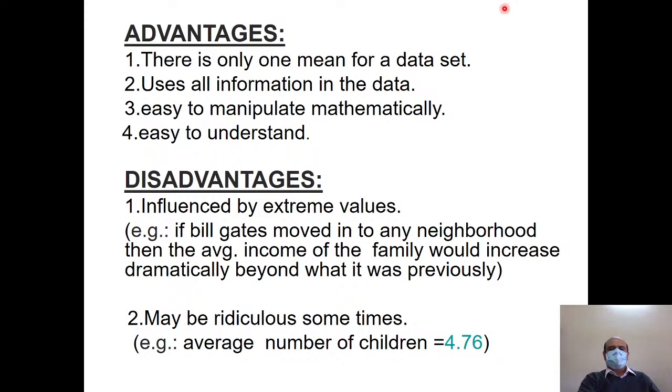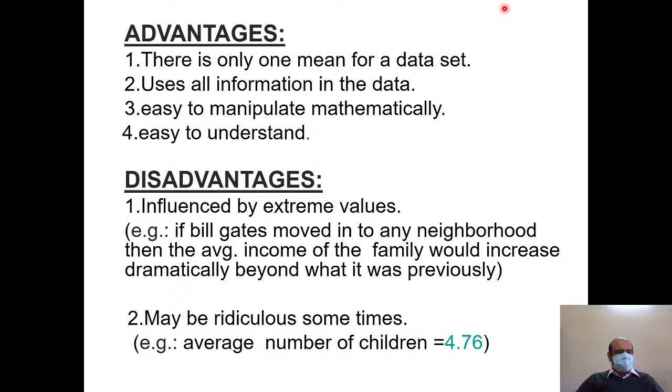Now, what are the advantages? Advantages of mean are there is only one mean for a data set. The mean uses all the information in the data set. It is easy to manipulate mathematically and it is easy to understand.